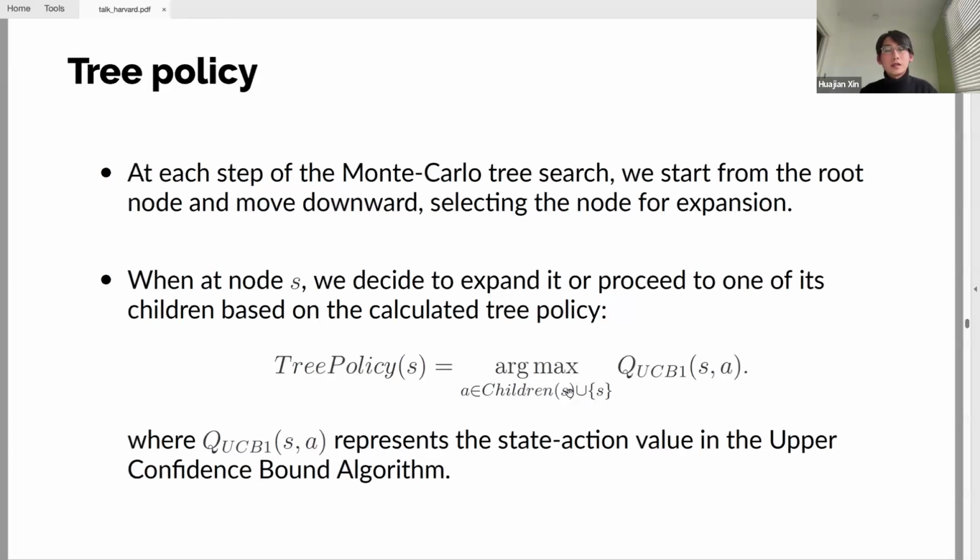Through this procedure, we choose either to expand this node S itself, or to apply the tree policy and continue on to one of its children. This procedure enables efficient navigation through proof states to choose the most promising code prefix for further exploration.